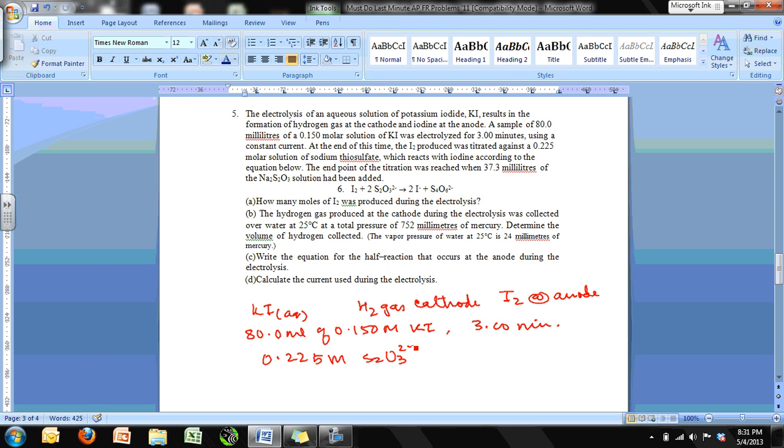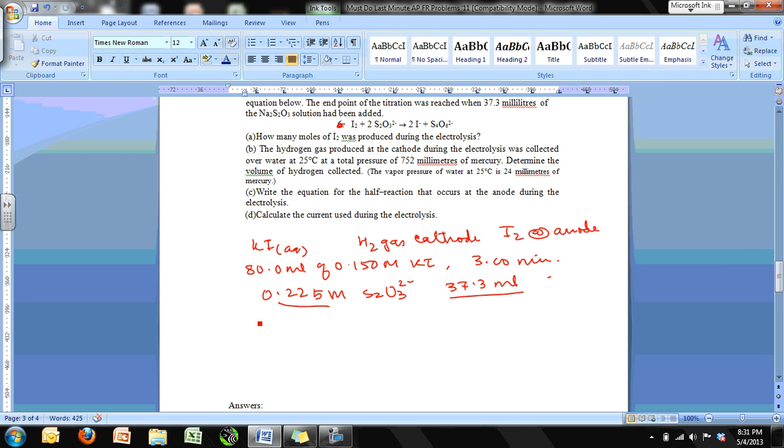So whatever iodine was produced was titrated against sodium thiosulfate via this equation. And it took 37.3 mL of the sodium thiosulfate, that was 0.225 molarity, to reach the equivalence point. Part A asks you how many moles of iodine were produced.